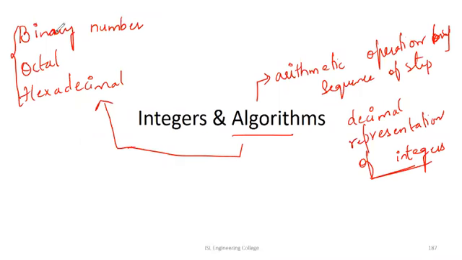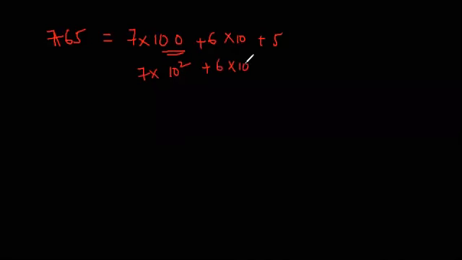For example, 765 can be represented as 7 into 100 plus 6 into 10 plus 5, or as 7 into 10 square plus 6 into 10 power 1 plus 5 into 10 power 0. Whenever we represent numbers, they are used with a convenient base. So 765 belongs to the base 10 representation, the decimal representation.